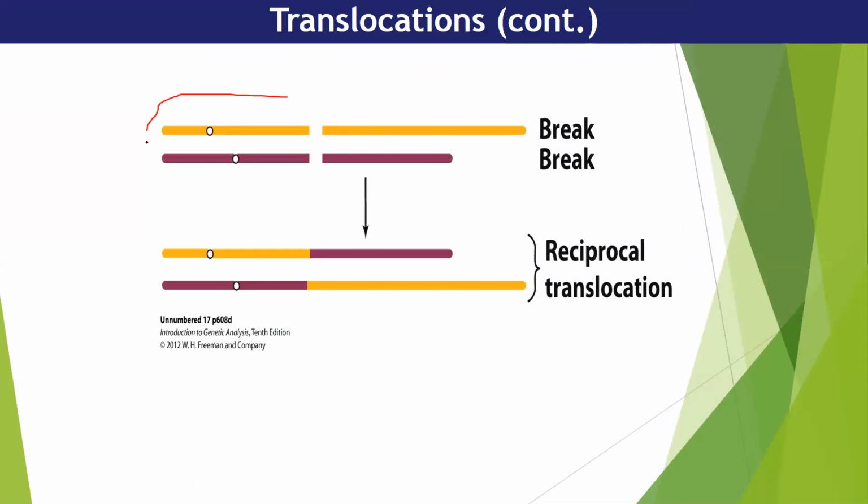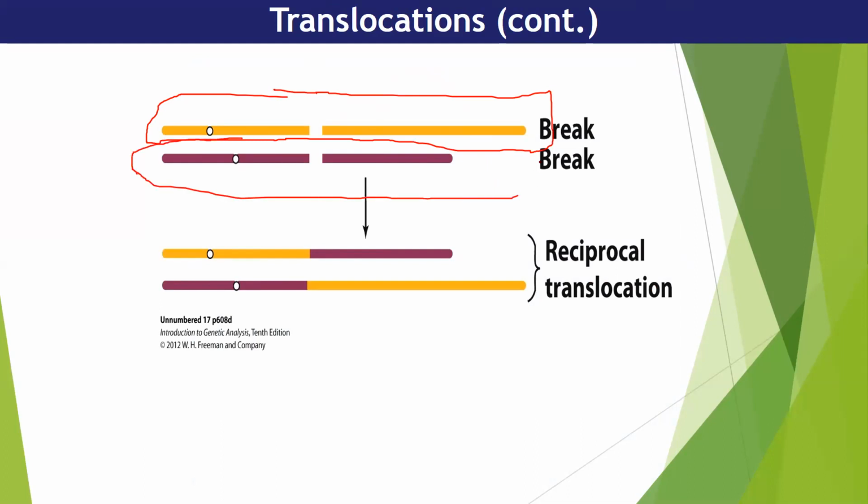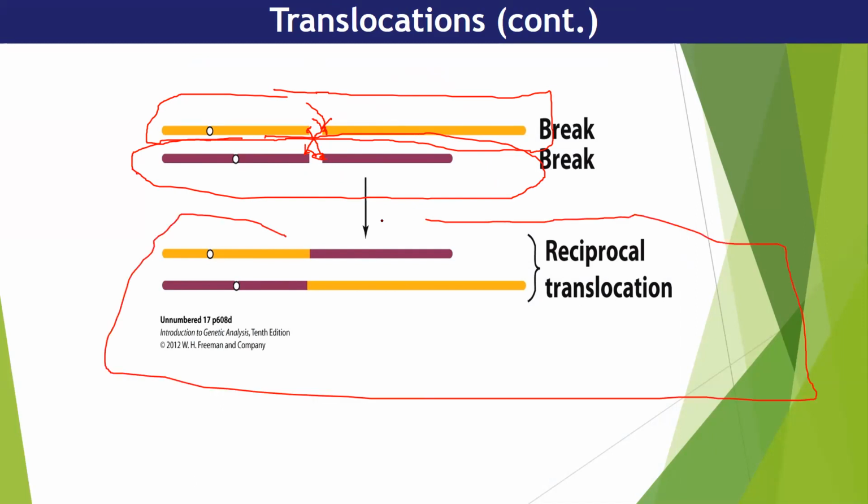First we have two normal chromosomes, and if there's a breakage on each of these two chromosomes, and when they try to link together, this end links with this chromosome and this end of the first chromosome is linked to this end of the second chromosome, then you're going to see the reciprocal translocation, and this is called the translocation.